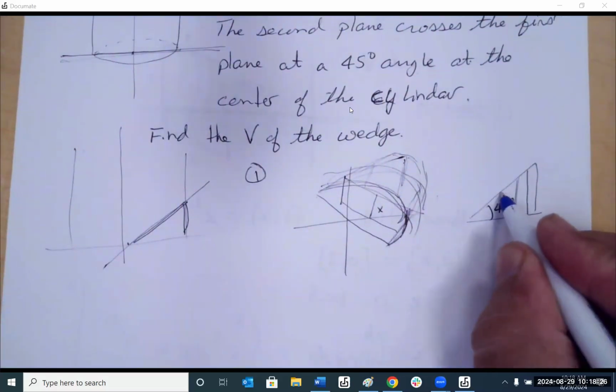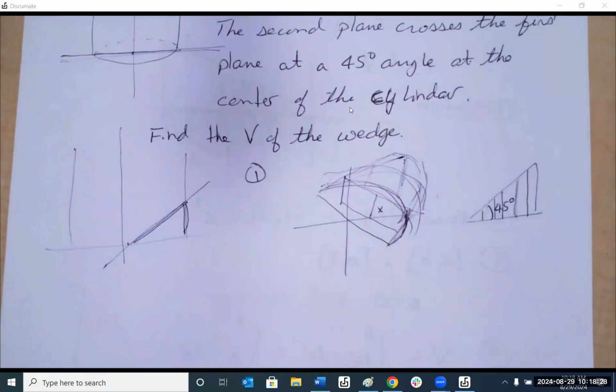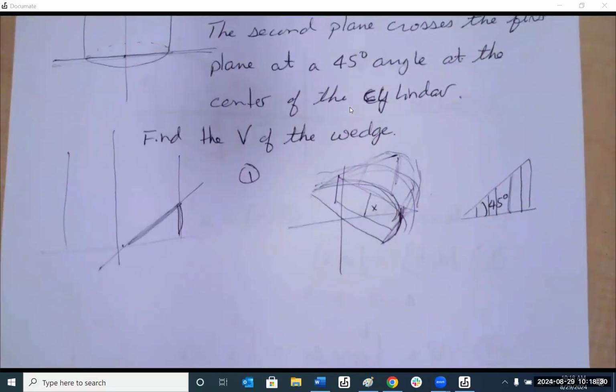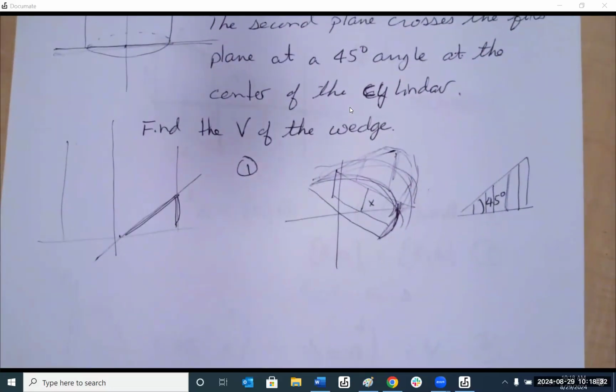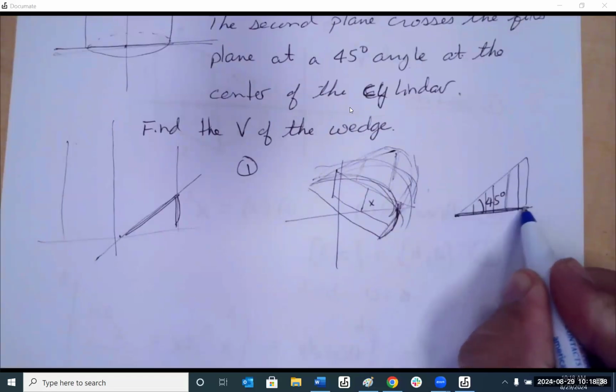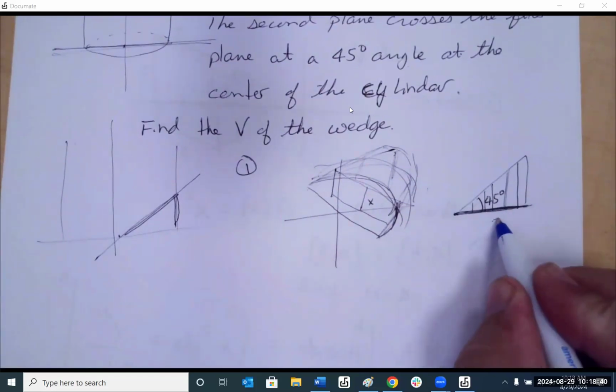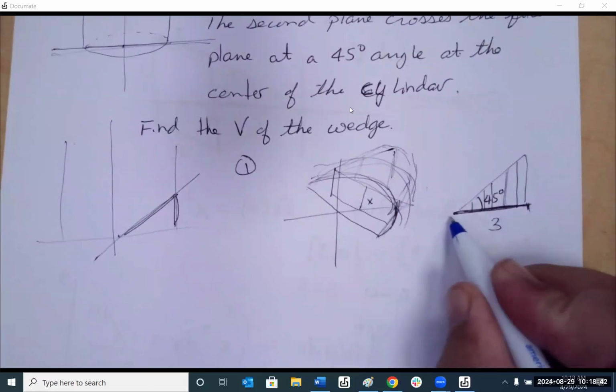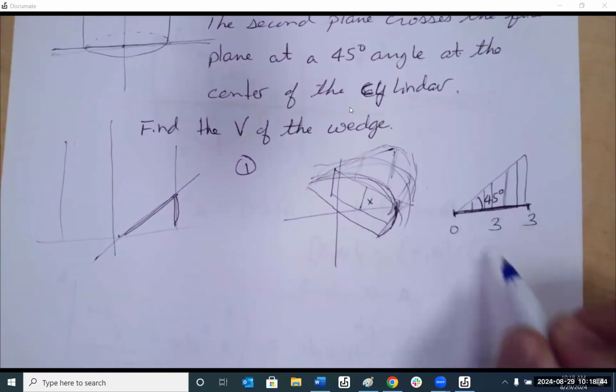So it changes height as we go along. It's radius 3. So what do we know about this length here? So it goes from 0 to 3.